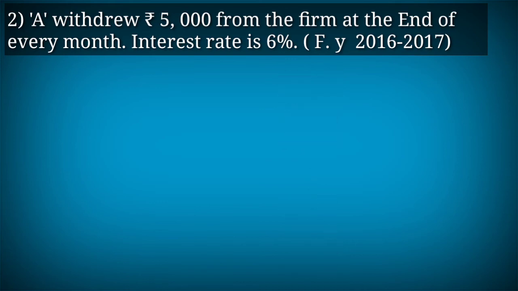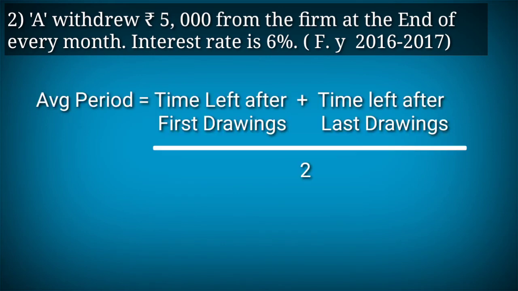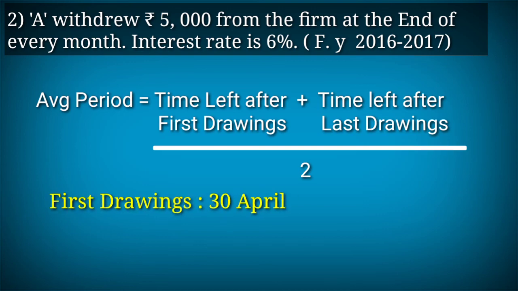So here, first of all, we have to calculate the average period. Average period, we know, is number of months left after the first drawings plus number of months left after the last drawings divided by 2. Here, first drawings is made on 30th April.